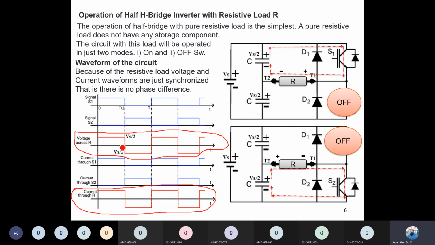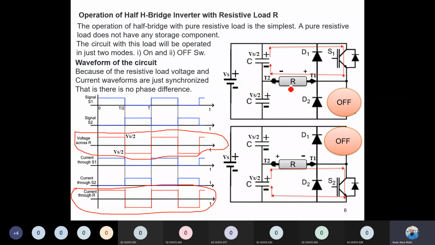This is the voltage waveform across the load, and this is the current waveform through the load. Always use the word across for the voltage and the word through for the current.